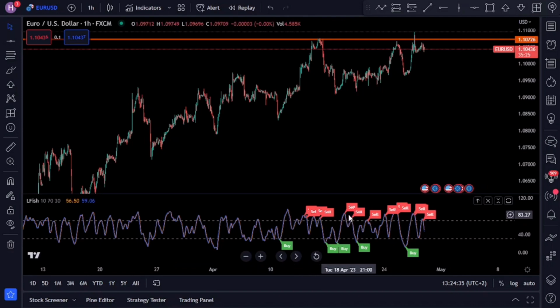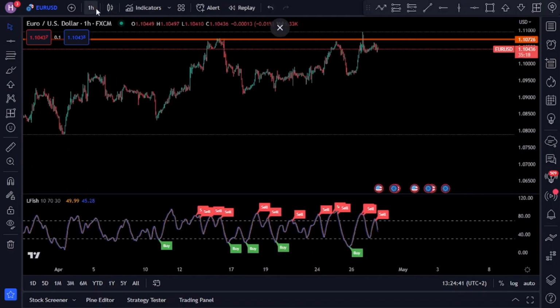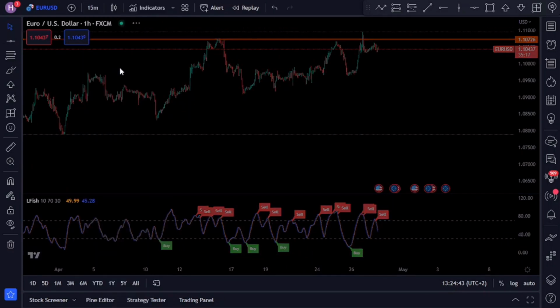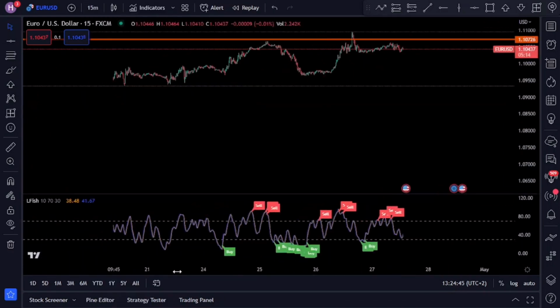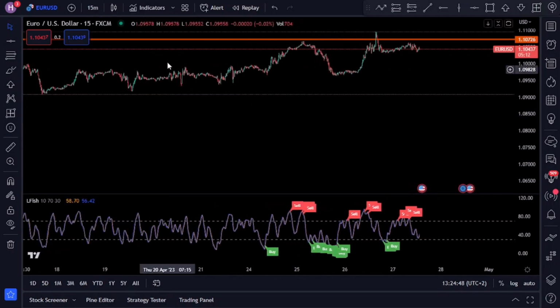While it's true that this indicator is highly accurate, it's important to remember that you shouldn't rely solely on its signals. In trading, it's always a good idea to have multiple indicators and tools at your disposal to confirm your analysis and make more informed decisions.